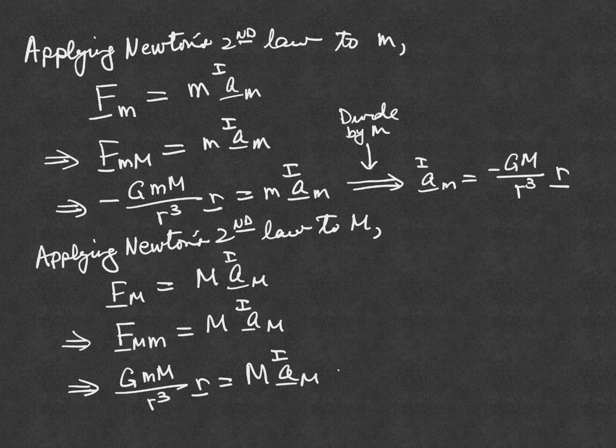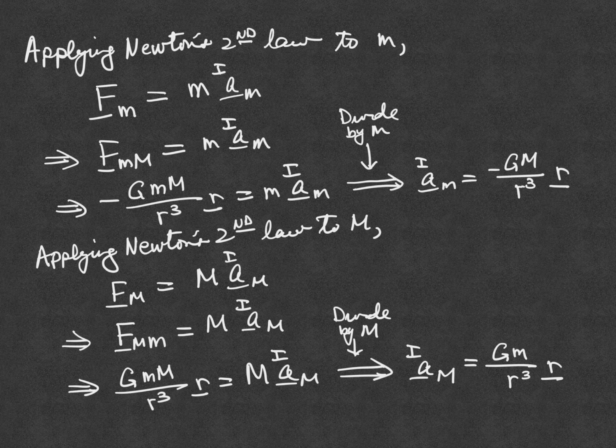Let's do the same thing with the second equation, but this time I'm going to divide by big M. So then I get that the acceleration of big M in I is equal to G times little m all divided by r cubed times r. So now you can see that I have the acceleration of each body individually due to the force that's applied to that particular body. Then we can subtract these two equations to get the acceleration of little m relative to big M. And we'll do that next.